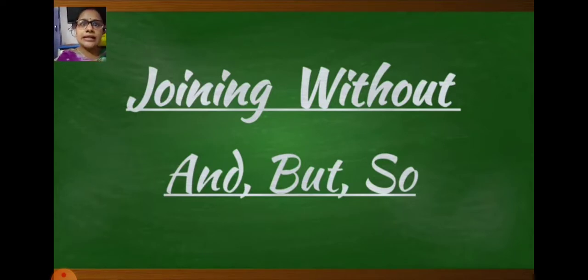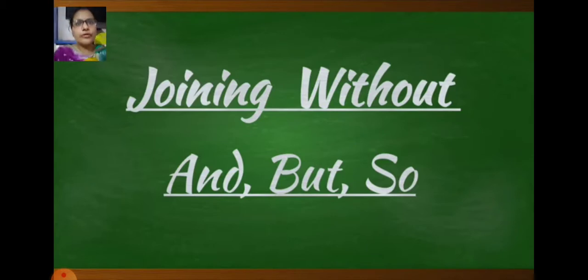So I thought it is an important topic for you, that you have to learn what to use instead of those words, because these are very important points. It will make your thinking better for making sentences. So without wasting your time, let's start.